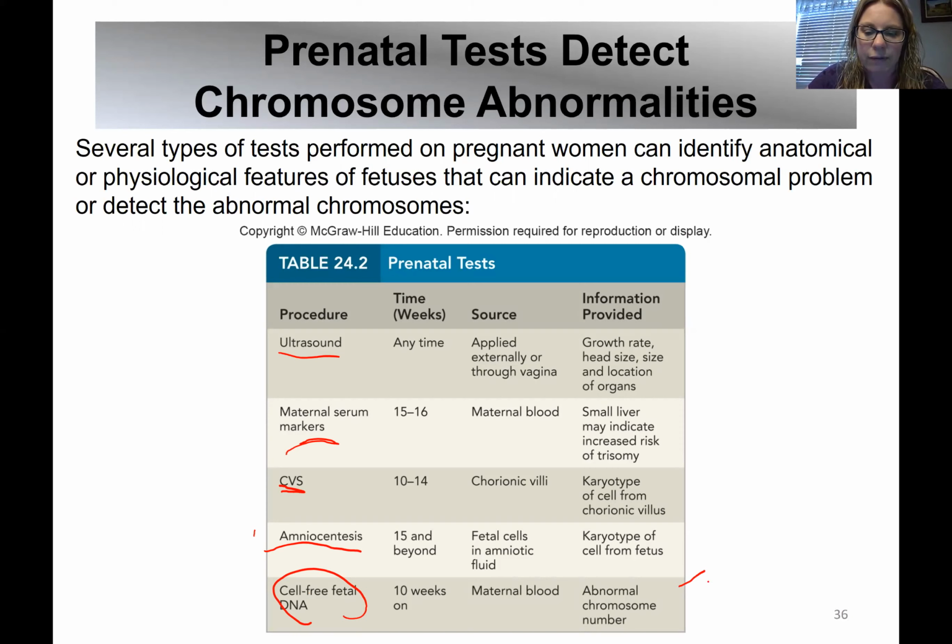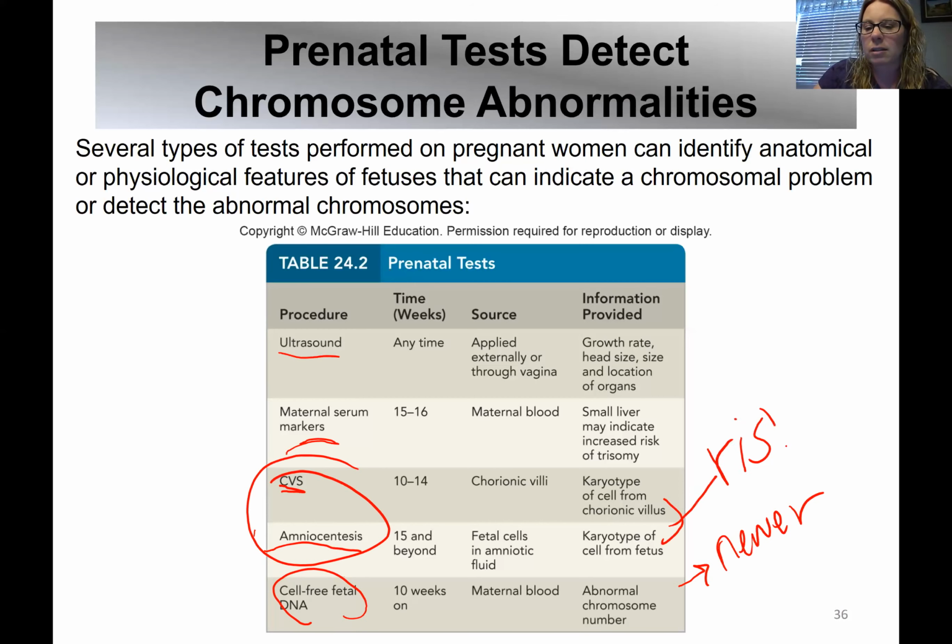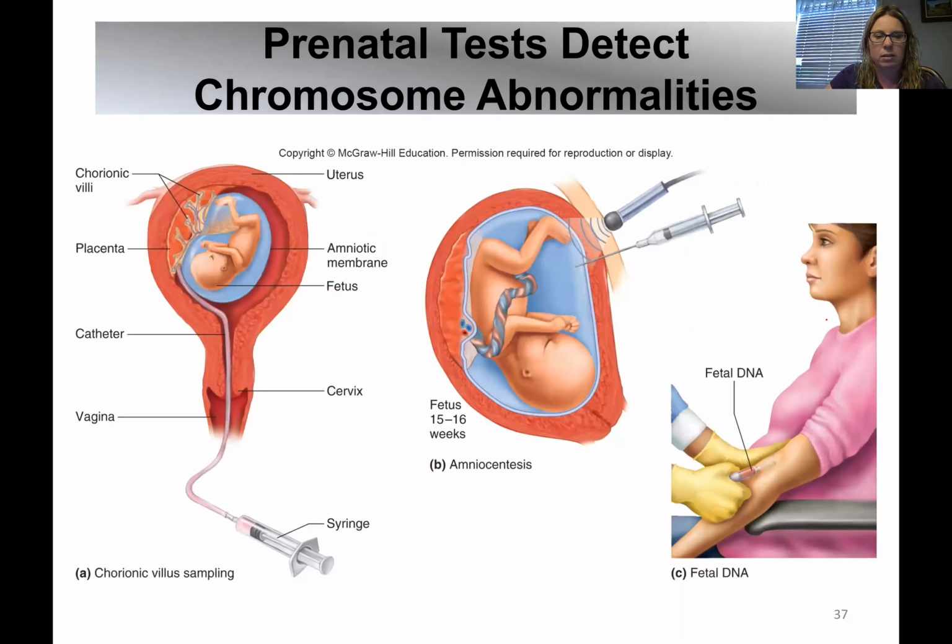This cell-free DNA is a newer technique, and it's starting to replace these two because there are risks with the CVS and the amniocentesis. A CVS is where they would go in with a tube and remove cells from the chorionic villi, or part of the placenta. And amniocentesis is where they would use an ultrasound-guided needle to remove the amniotic fluid.